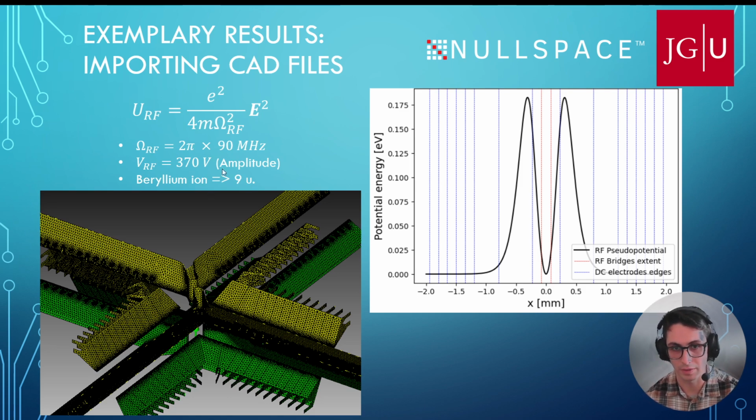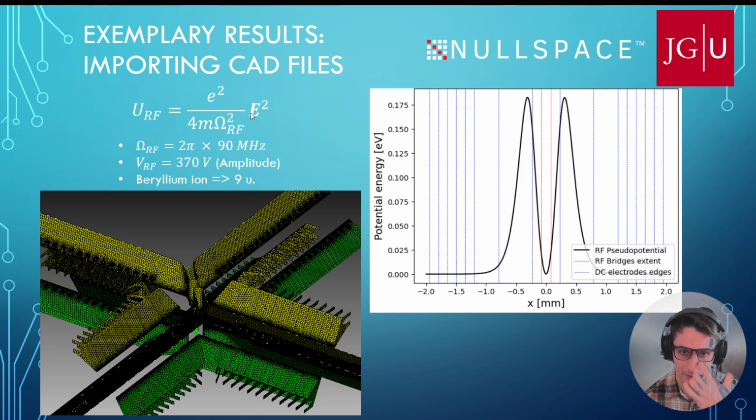And those are the parameters we use to evaluate the function, because as I told you before, what Nullspace ES gives you is the base, I think called the unit potential, when the relevant electrode is biased at 1 volt, and it is the electrostatic potential.